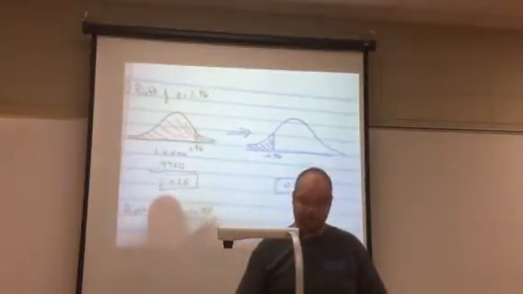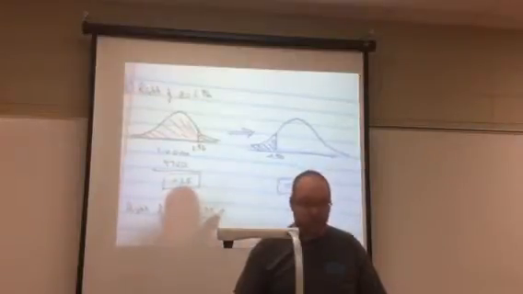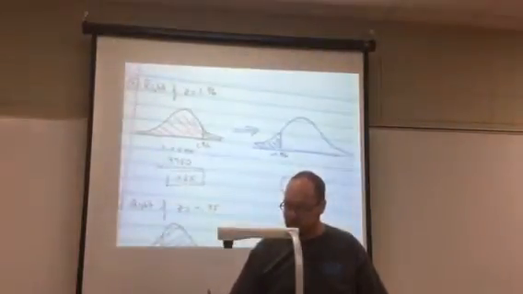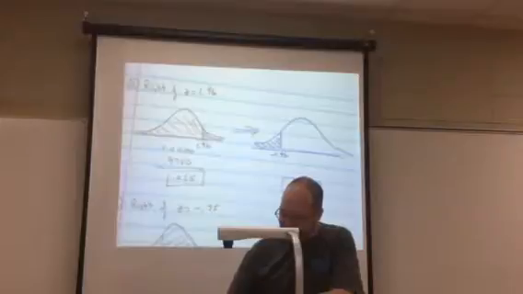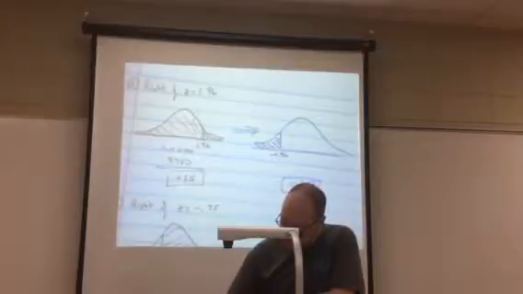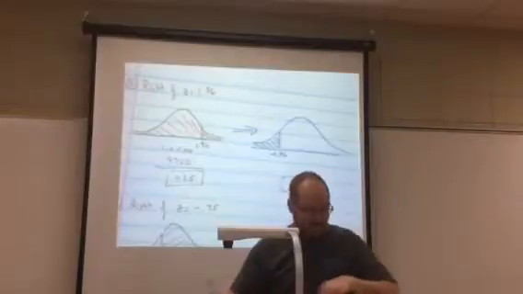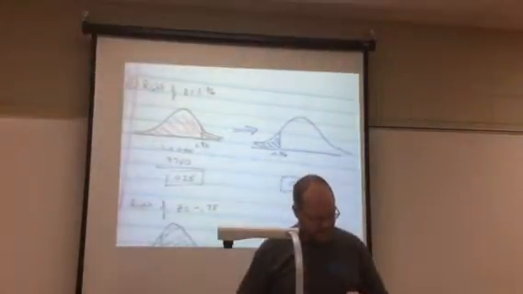Listen, you can always subtract, but you can also work yourself to death there. Symmetry works pretty nice. The same thing here, the area to the right of negative 0.75 is the same as the area to the left of positive 0.75. So just take a minute and find that on your chart and verify that.